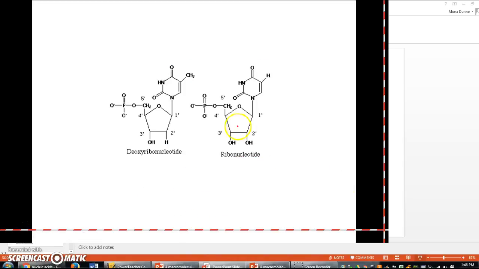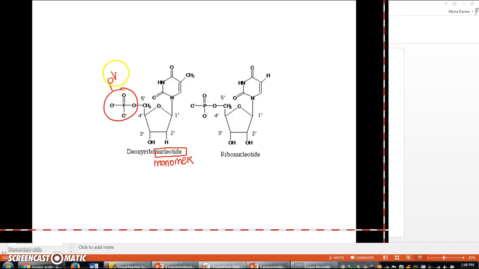All right, now let's take a look at the molecule. So this is DNA, right? And this is just one monomer. A monomer of a nucleic acid is a nucleotide. So let's take a look at what these two look like. They look pretty similar. We've got a phosphate group, and actually let's label these.